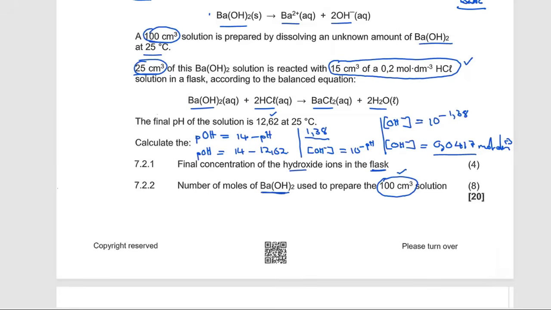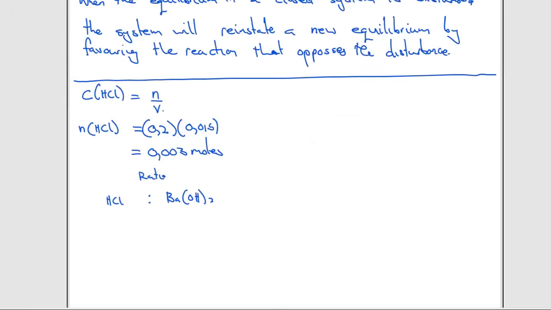You can see we're having 1:2, so the ratio is 1:2. So if we're having a 1:2, this is the 1, the 2, and then this side is going to be 1.